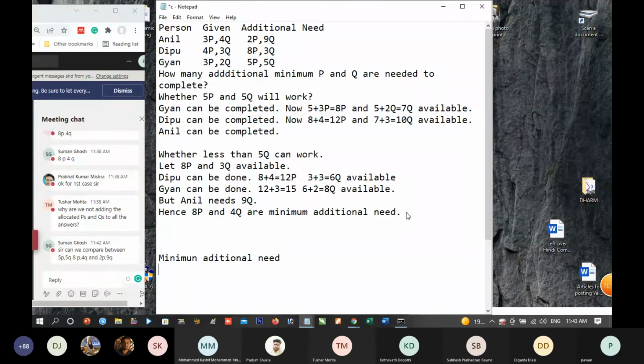Is 5P, 5Q, or 8P, 4Q. And we can see one more answer. Is this all right to you? Because 5P, 5Q, and 8P, 4Q cannot be compared.